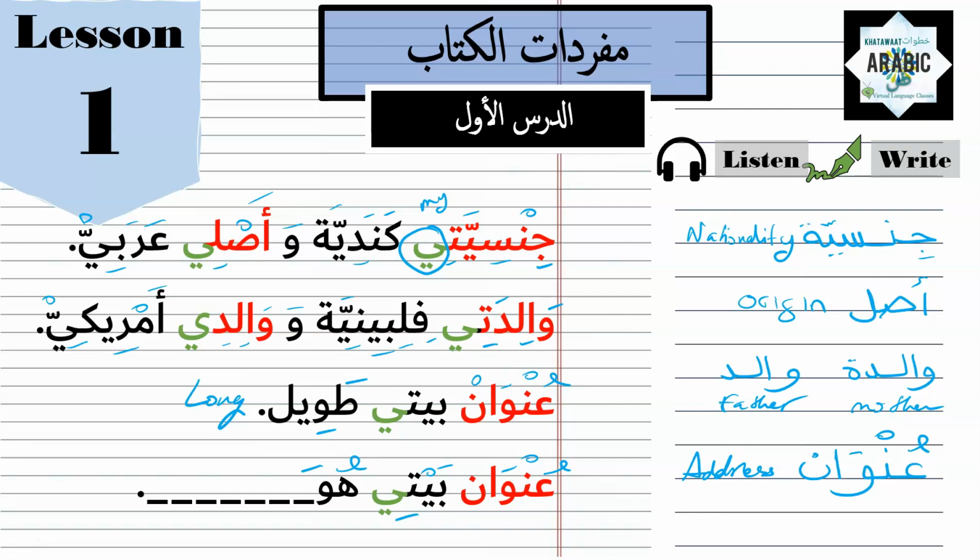My house's address is, and we're referring to عنوان address as masculine. And then the word that we have also in this unit is شارع, street or road. And then the rest of the address.